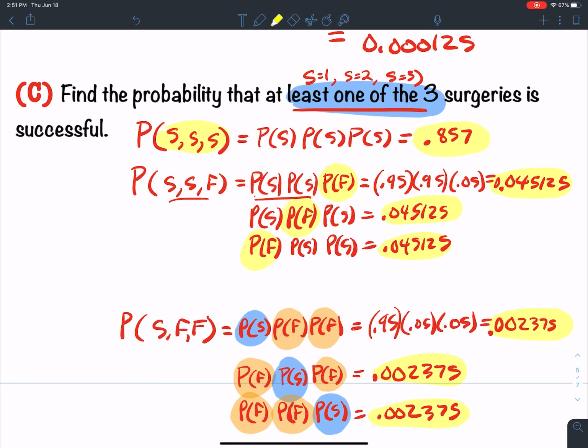So I need to add up all these probabilities. And if I add up all those, that's like saying 0.857 plus, and how many of these are there? 0.045125 three times. And then there's 0.002375 three times.